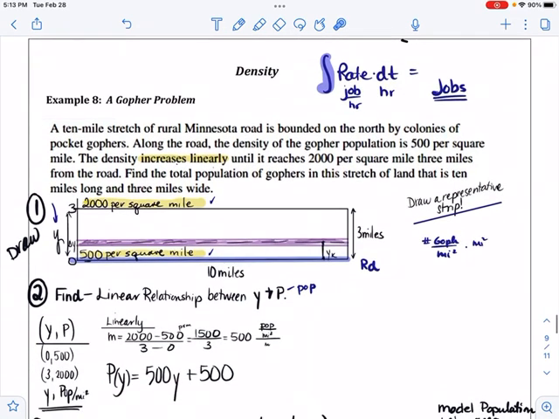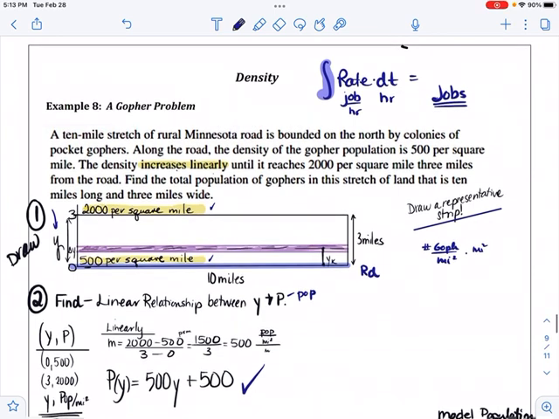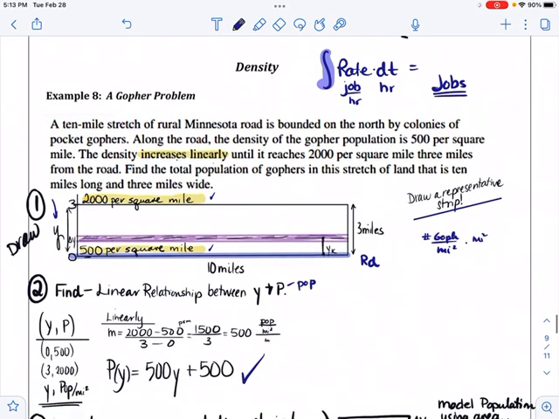So I know that for y miles from the road going out, p is 500 times y plus 500. Okay, so that information is there. So there is our linear relationship. Now, what are the units on these? P is going to be the population per square mile, right?